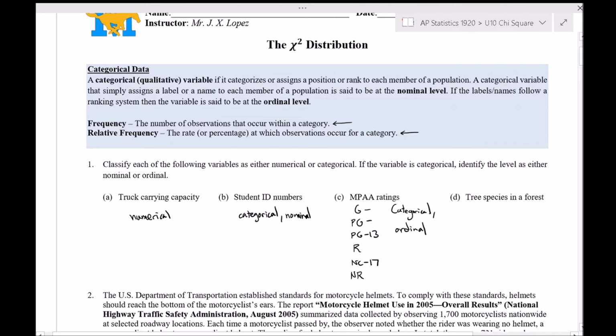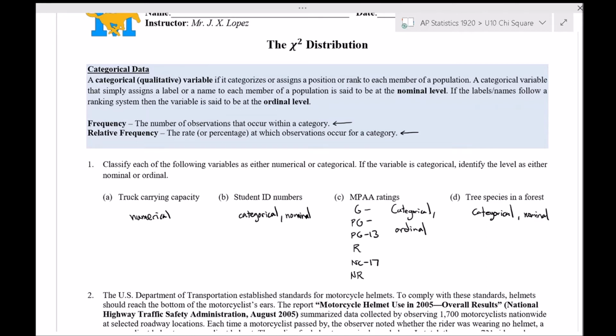Let's say letter D, tree species in a forest. So if we take an entire forest and analyze all trees and then observe what species they are and then go ahead and create data, some sort of a spreadsheet, we will be creating a categorical variable. And this is nominal. Differences in species types, there's really no ranking scheme there.